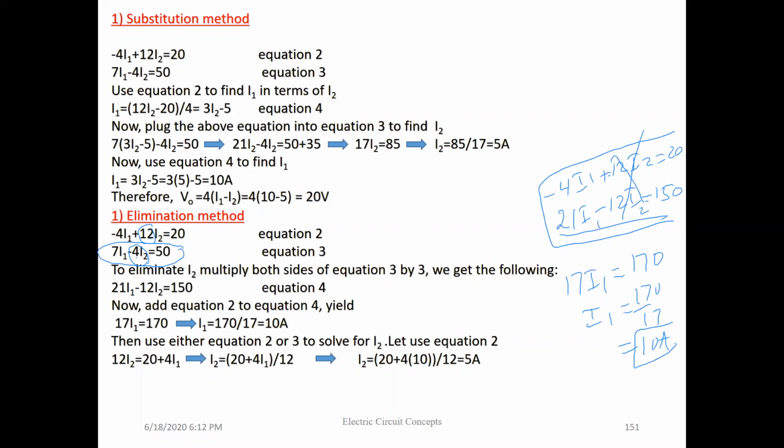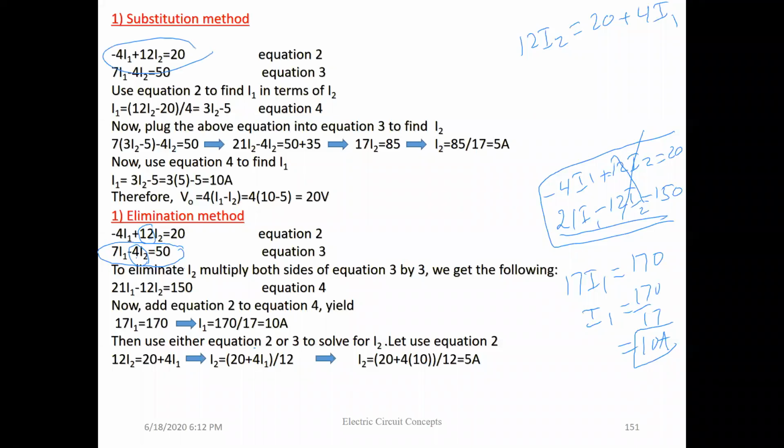And then after I find I1, I go to one of the equations. Use either equation 2 or 3, whichever you feel is easy to use. Let's use equation 2. We have to find I2. So 12I2 equal to 20 plus 4I1.